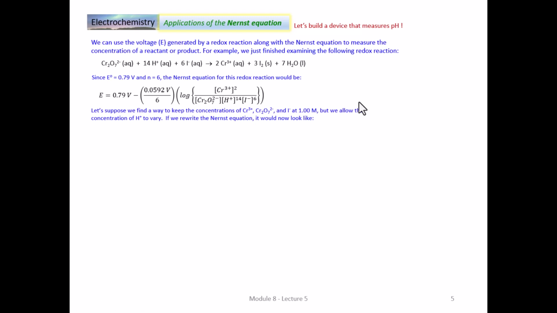Well, let's suppose we find a way to keep the concentrations of the chromium 3+ ion, the dichromate ion, and the iodide ion at 1 molar, but we allow the concentration of the hydrogen ion to vary.